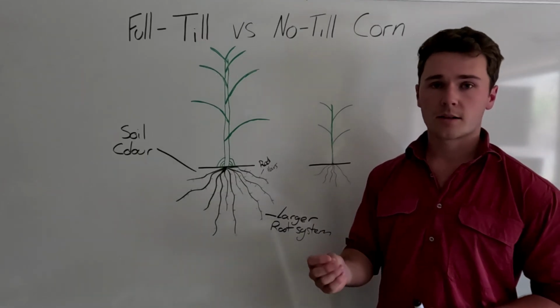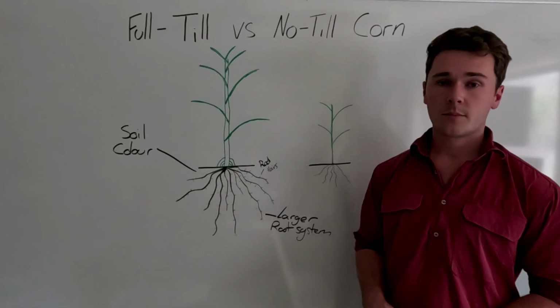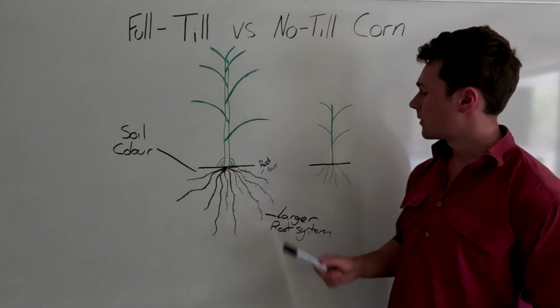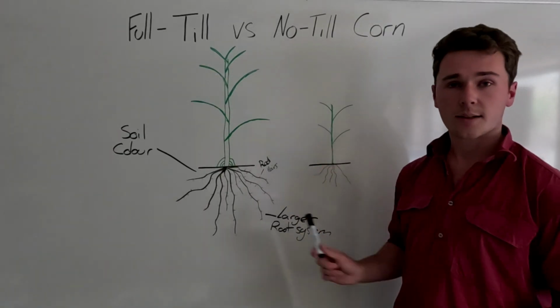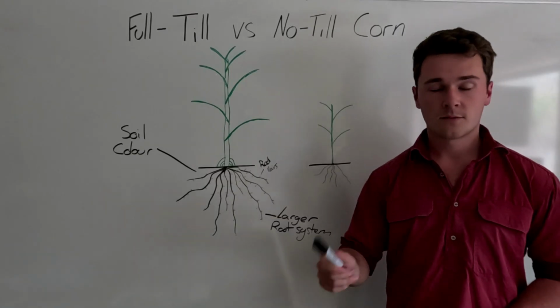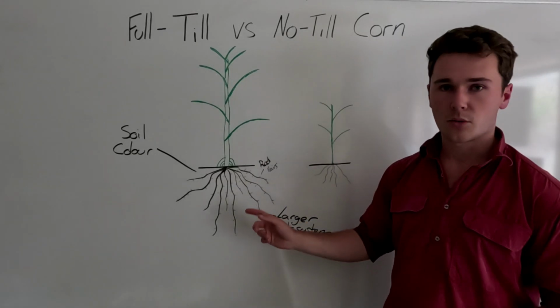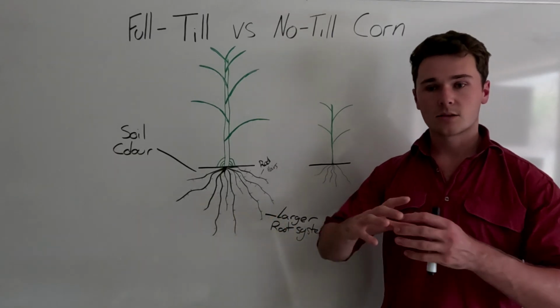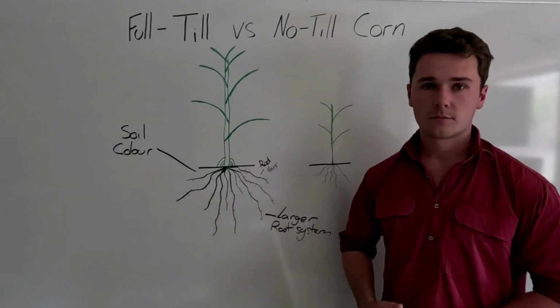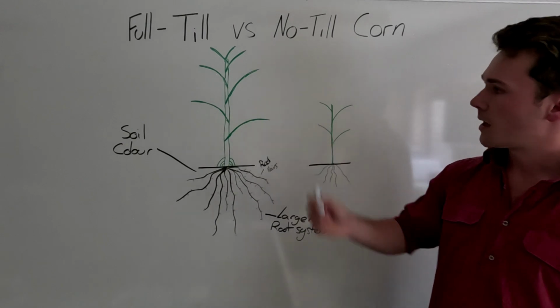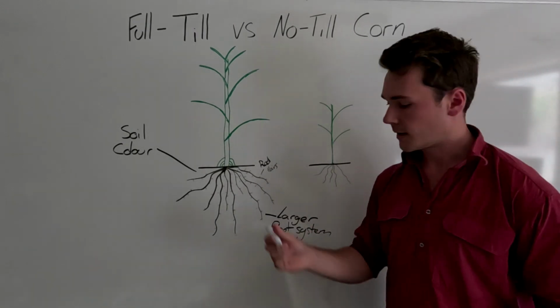So the minerals are going to be in an available form for our plant. Whereas in our full tillage corn, all those nutrients are going to be in the oxidized form, unavailable to our plant. Likewise, our nitrogen is going to be held better in our no-till soil as it's not broken apart, oxidized and released. So that was longer, wider and darker leaves.